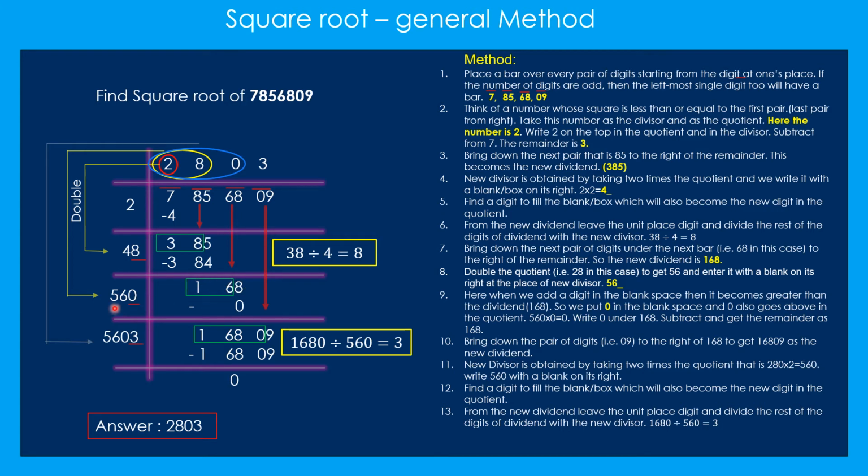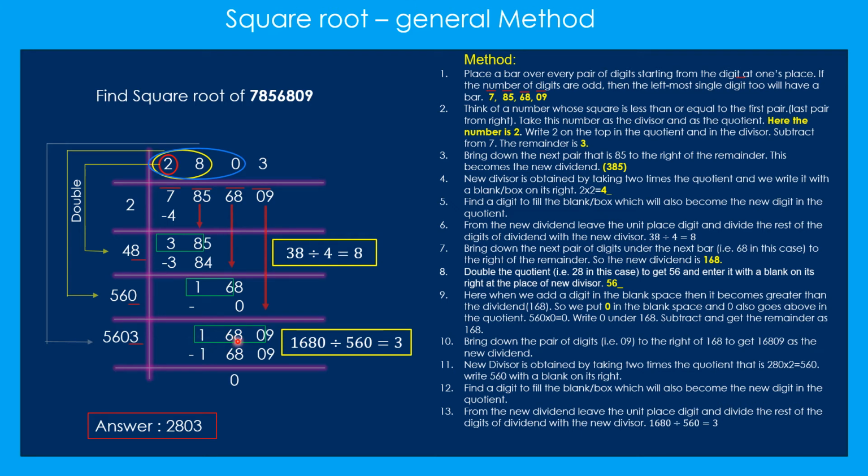Now here you cannot, 16 is smaller than 56. In that case, where you cannot divide 16 with 56, you just add 0 to the blank space, and this 0 is also added to the quotient here. So 560 times 0 is 0. You subtract and you get the remainder 168.